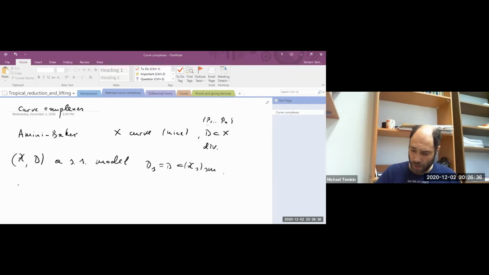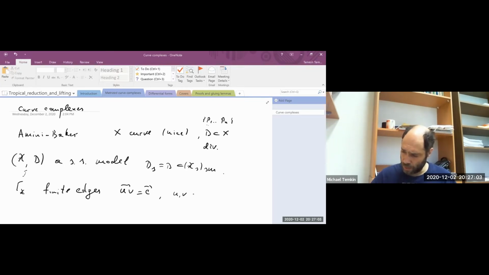And Γ_𝔛 associated to this contains finite edges. I'll denote them, say, UV. We'll work with oriented edges, so we have tail and head, and U, V generic points on the closed fiber. So they just correspond to components, and any such edge corresponds to a node.